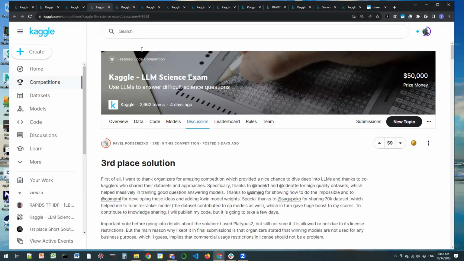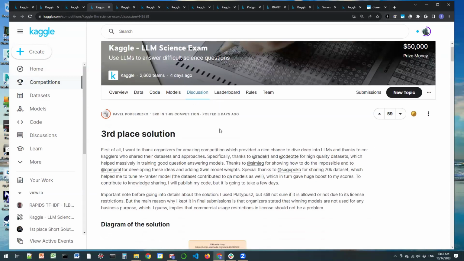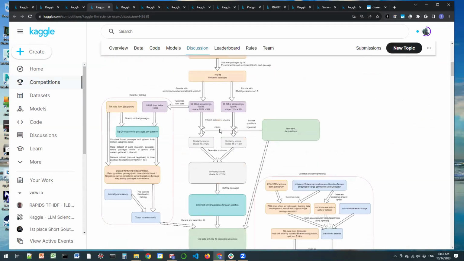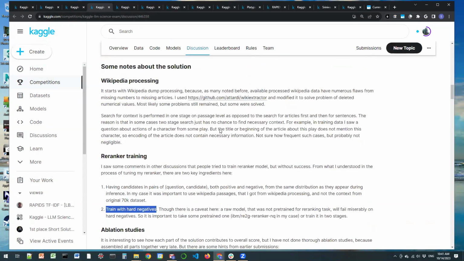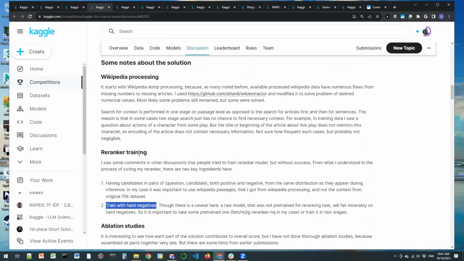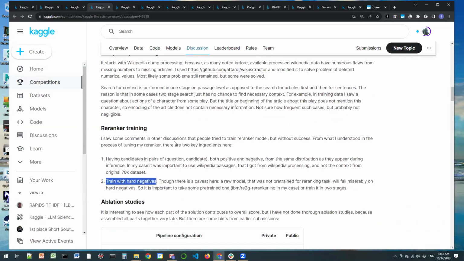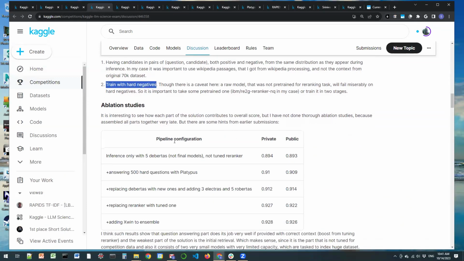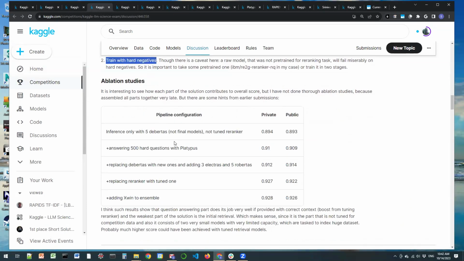So re-ranker was the third place solution? No, it's not just that. It's like a huge write-up, but he talks about the re-ranker and how he had some struggles, and I hadn't heard of the re-ranker model, so we were just asking.